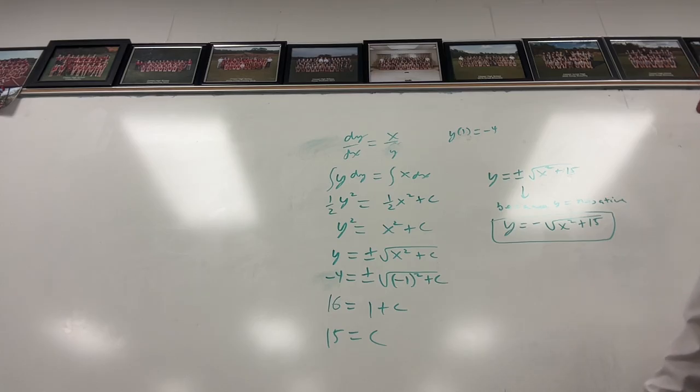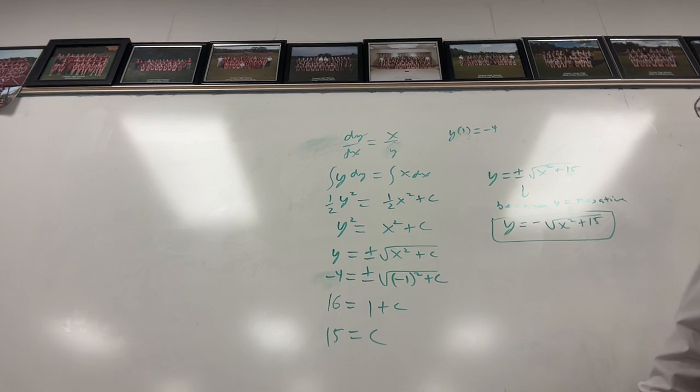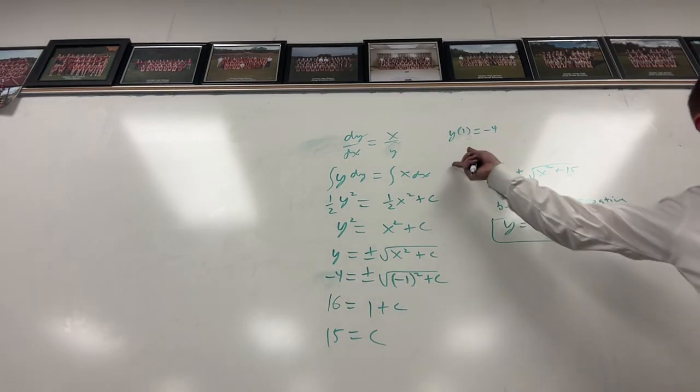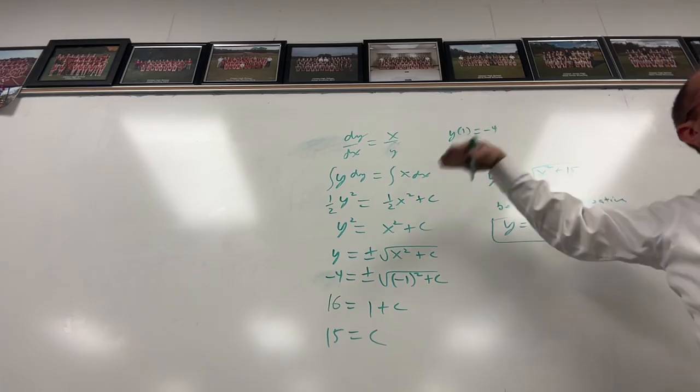So does this only apply to square roots? No, it would apply to a fourth root or a sixth root or something like that. No, I'm not trying to be smart. I can't think of another instance where you would eliminate the negative, but in an exponential equation, and we'll have some exponential equations, if you ended up with a negative there, then there'd be no solution, because you can't have an e to the x value and it become negative.